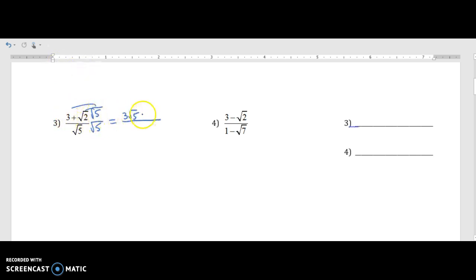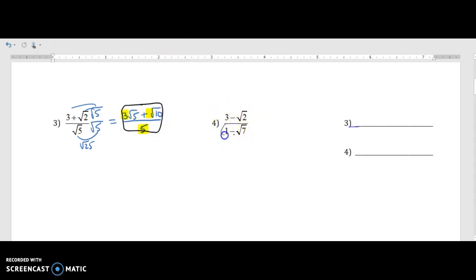Then root 2 times root 5 is plus root 10 all over root 5 times root 5 is root 25, which simplifies to 5. Now this, if I look, I have an outside number 3, an outside number 1, and an outside number 5. Can those three numbers be simplified? No. Therefore, we leave our answer like this.